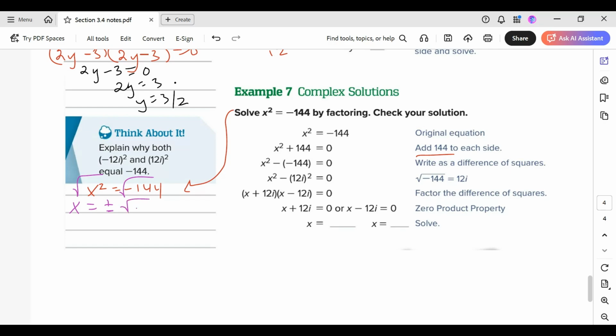You're going to isolate the negative out, so negative 1, and then the 144, because we're not allowed to take the square root of negative numbers. From the previous lesson, we know that negative 1 in the radical is the same thing as saying the letter i. And then the square root of 144 is 12. So our solutions are x equals 12i and negative 12i, because it's our plus minus situation.